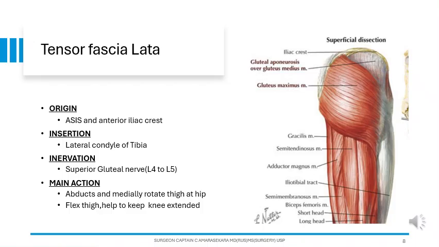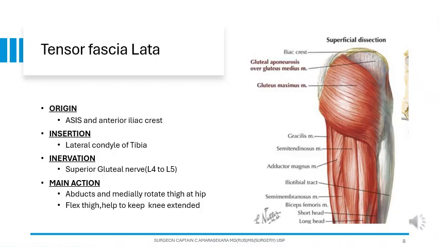Let's now take a closer look at the TFL, or the tensor fasciae lata, a compact but functionally powerful muscle located on the lateral aspect of the thigh. Though small in size, its contribution to hip and knee stability is substantial.